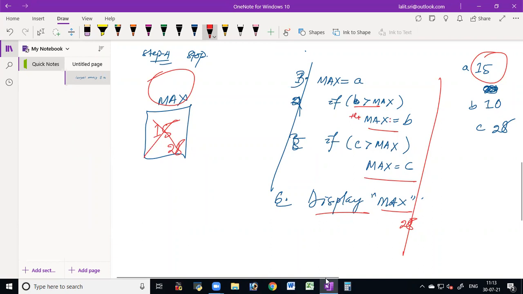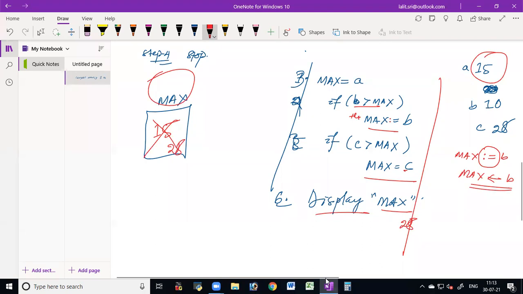You can write assigning value in this way, with an assignment symbol in the algorithm, or you can directly write max equal to C in your mathematical symbol. Any one of the notations you can use.